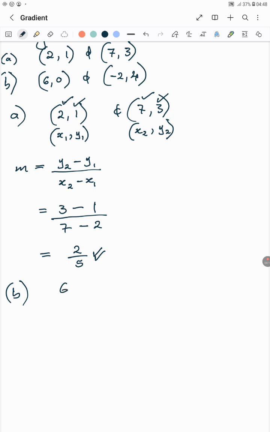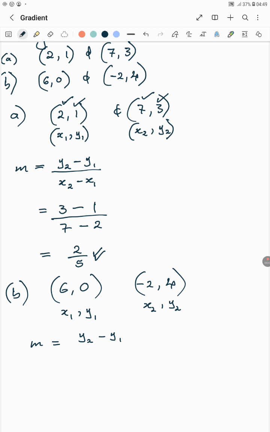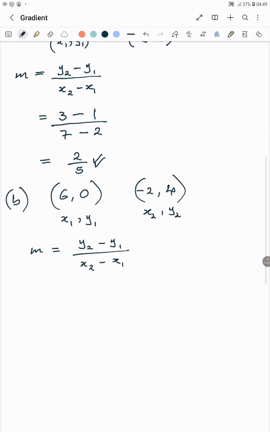Let's look at part B. Part B, we have (6, 0) and (-2, 4). So this is x1, y1, this is x2, y2, and our gradient will be equal to y2 minus y1 over x2 minus x1.